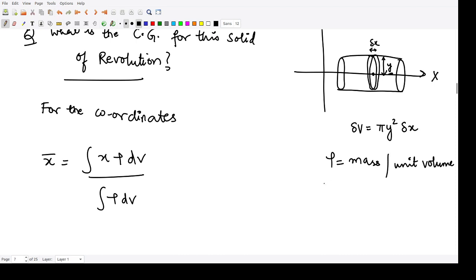If I take this small volume dv, what would be its mass? It would be rho into dv. So this small mass into x is the numerator, and this would be the total mass.